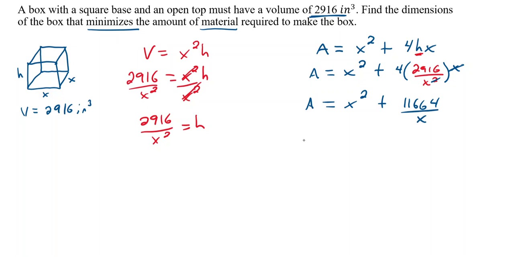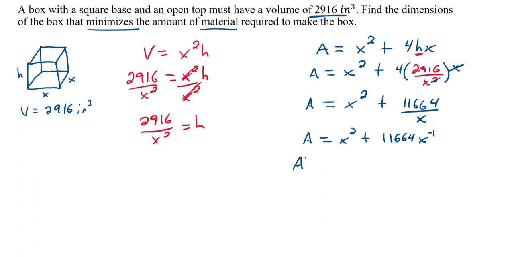And then I'm going to write one more time: A is equal to x squared plus 11,664, and I'm going to write this as x to the power of -1, just so I can take the derivative easily. So now we're ready. Let's take the derivative.